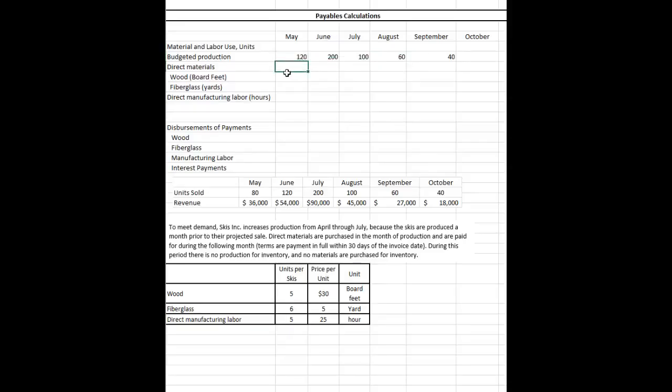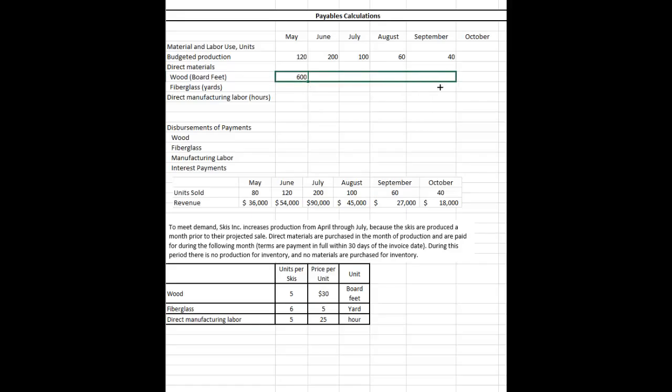Now I need to calculate how much material goes into producing those. I've got a formula here that says I'm going to produce 120 pairs of skis, and I'm going to multiply that by 5 board feet of wood each. I'll lock that in with an absolute cell reference, and that means I need 600 board feet of wood in that month to make 120 pairs of skis.